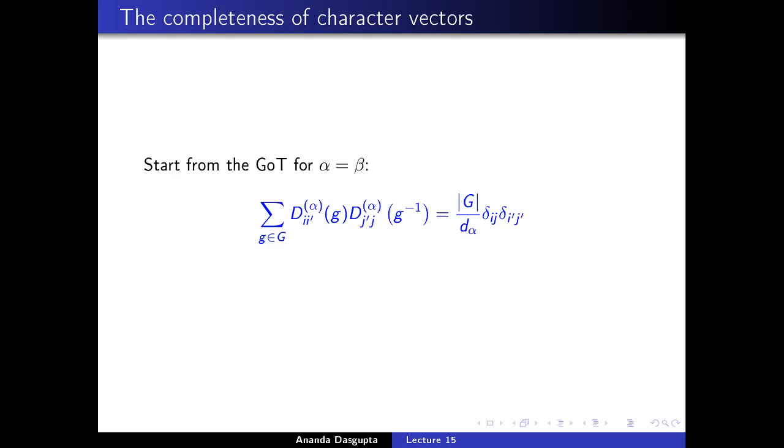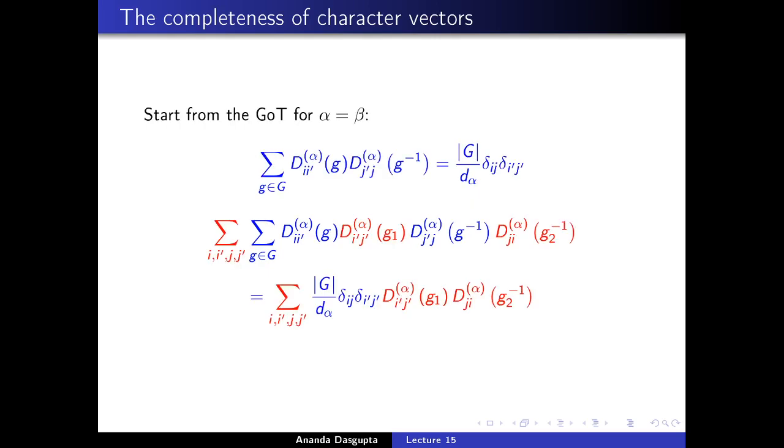I am going to choose two arbitrary elements G1 and G2 from the group capital G and take the matrices corresponding to G1 and G2 in this particular representation and insert the elements in between this expression and sum up over the indices in such a way that I am going to be able to form a product of an overall matrix. So let's just see what I mean by this.